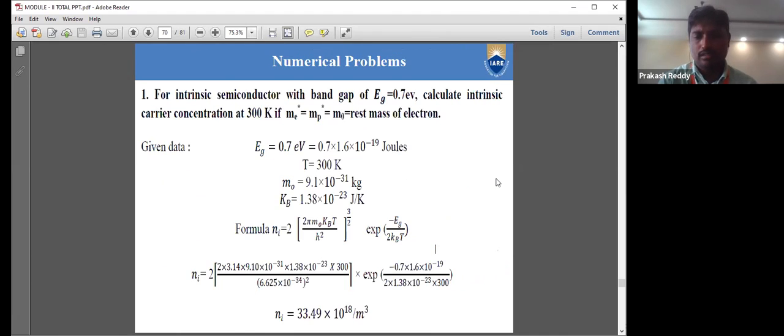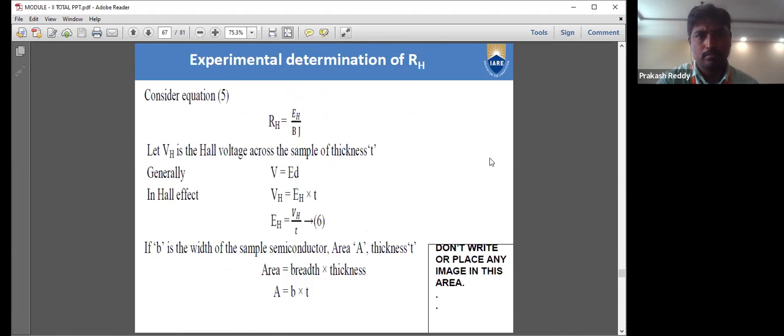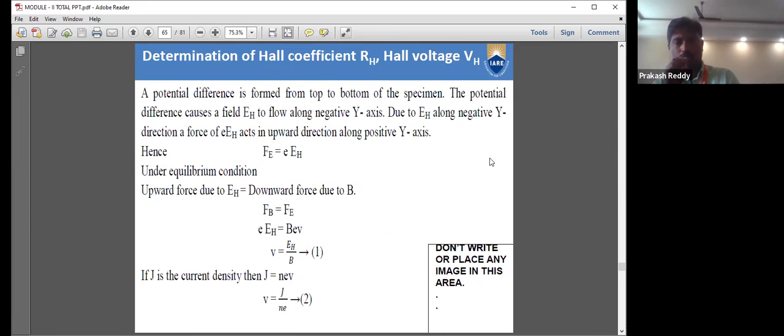The next slide. Sorry. Third one and fourth one. This is the fourth one: determination of Hall coefficient RH and Hall voltage. For that, we consider the forces acting on the electrons.